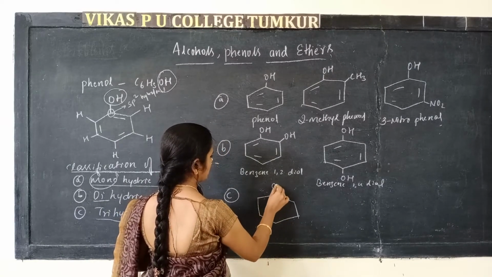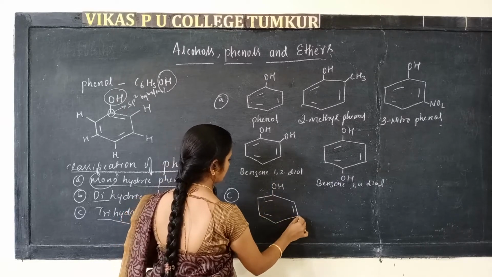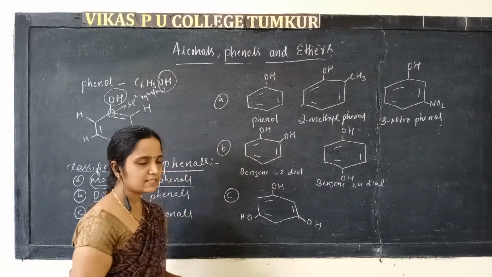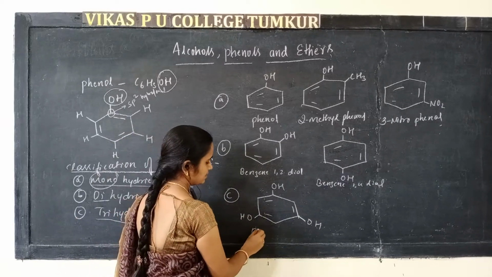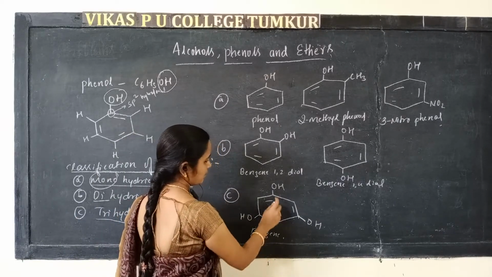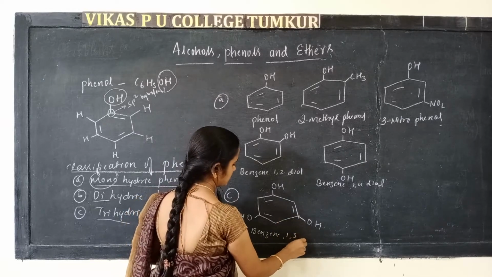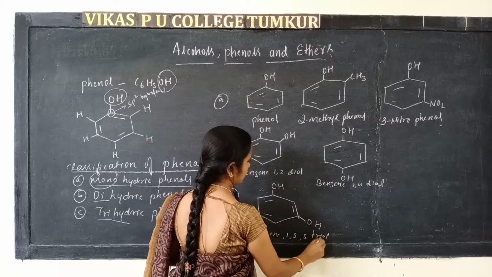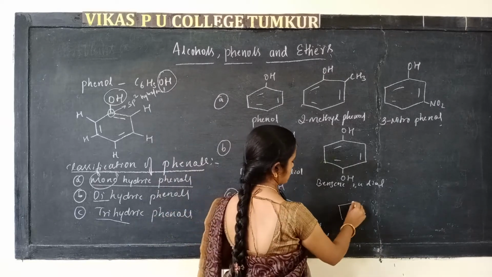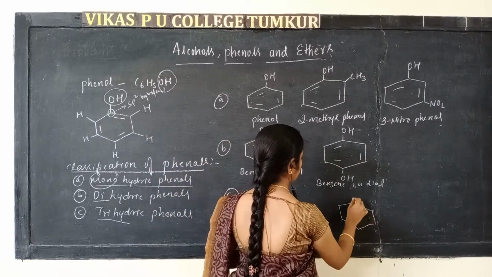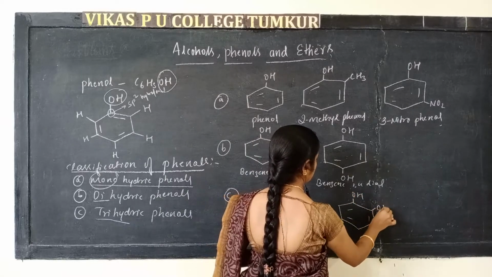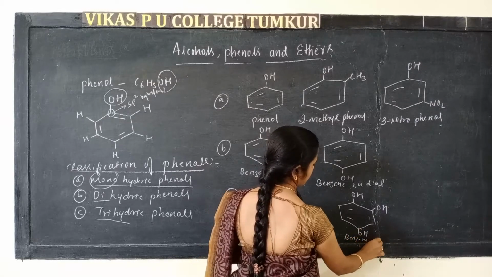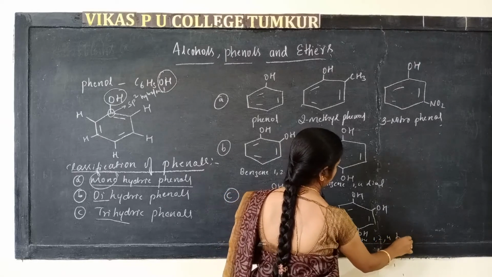One example has OH, OH, OH on the ring. The name of this is benzene-1,3,5-triol. If we take another example, with OH and OH, the name of this is benzene-1,2,4-triol.